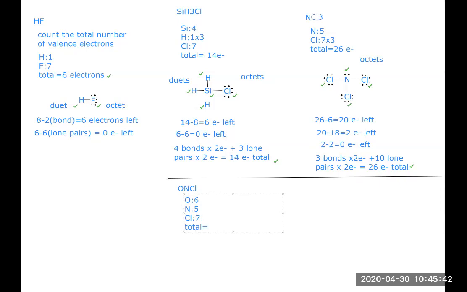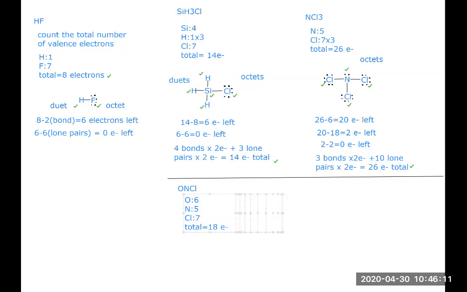And it's 18, right? Tell me if it's wrong. 18 electrons in total, right? 7 plus 5 is 12 plus 6. So we have 18 electrons in this structure that we will be able to distribute.